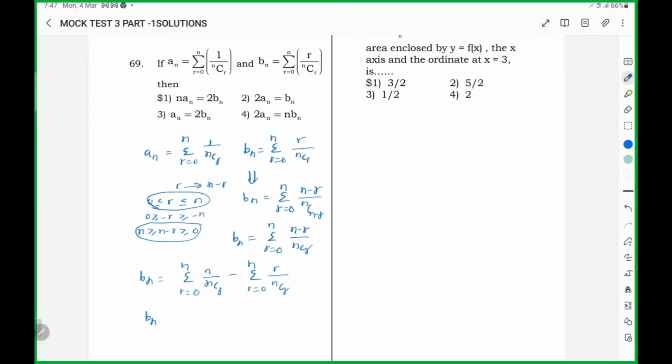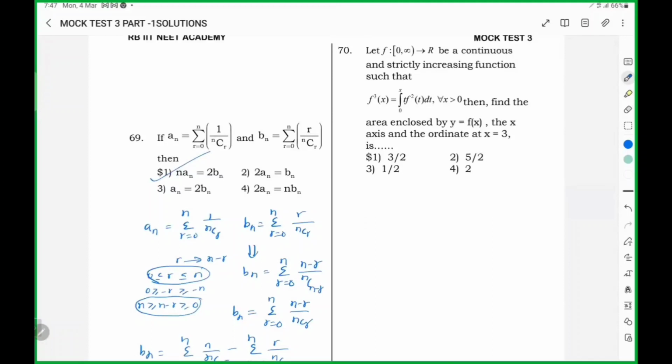This is given as n times An minus this, which is straight away Bn. 2Bn is nAn. So the first option is correct.